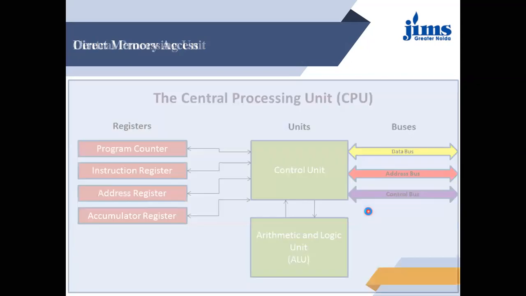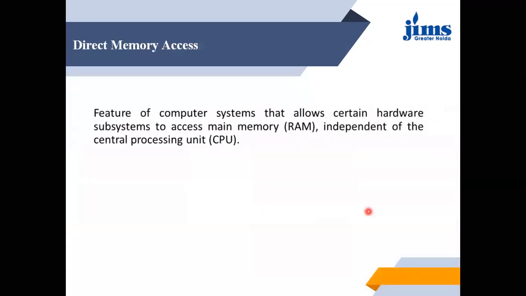Now, DMA is a feature of a computer system that allows certain hardware subsystems to access main memory, that is RAM, independent of the central processing unit. As we discussed, there are basically two types of primary memory.